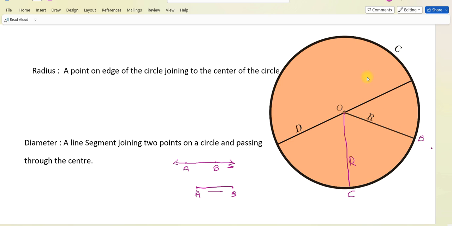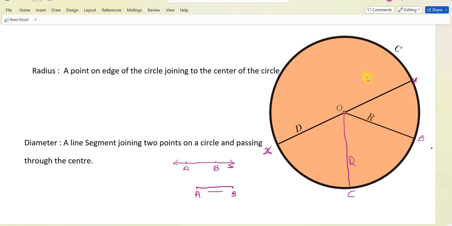Now a diameter is a line segment joining two points on a circle and passing through the center. Now I have taken this line. Say for example, I name this point X and this point Y. This line is passing through the center of the circle to join these points.